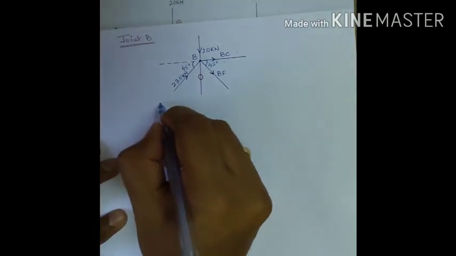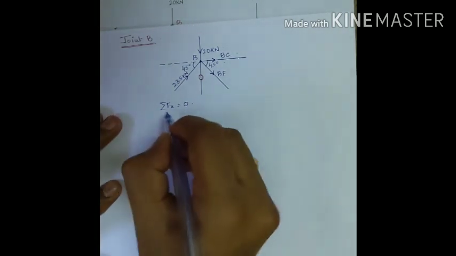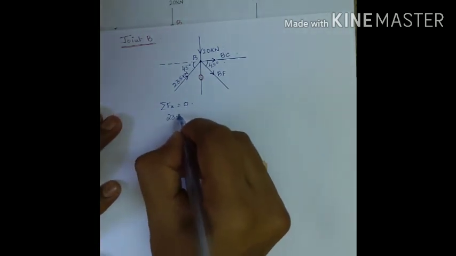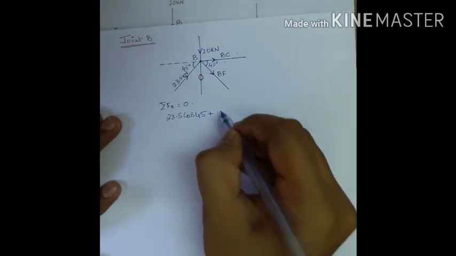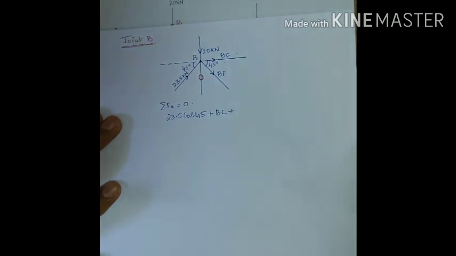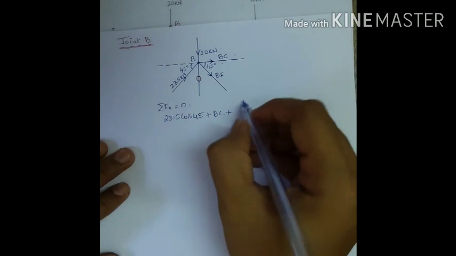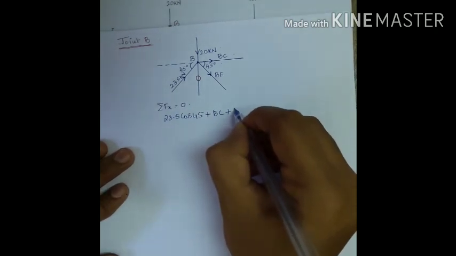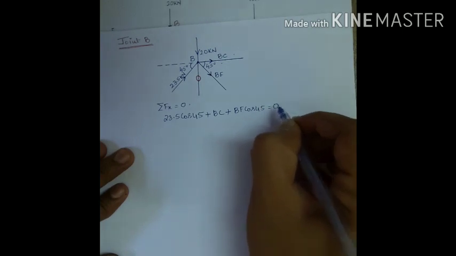So using again summation of Fx is equal to 0. So Fx is 23.5 cos 45 plus BC plus BF cos 45 is equal to 0.